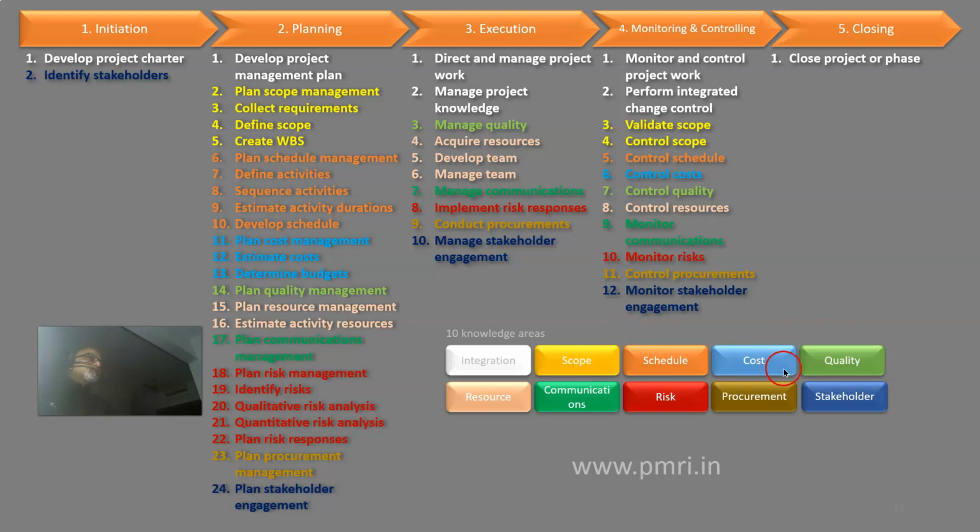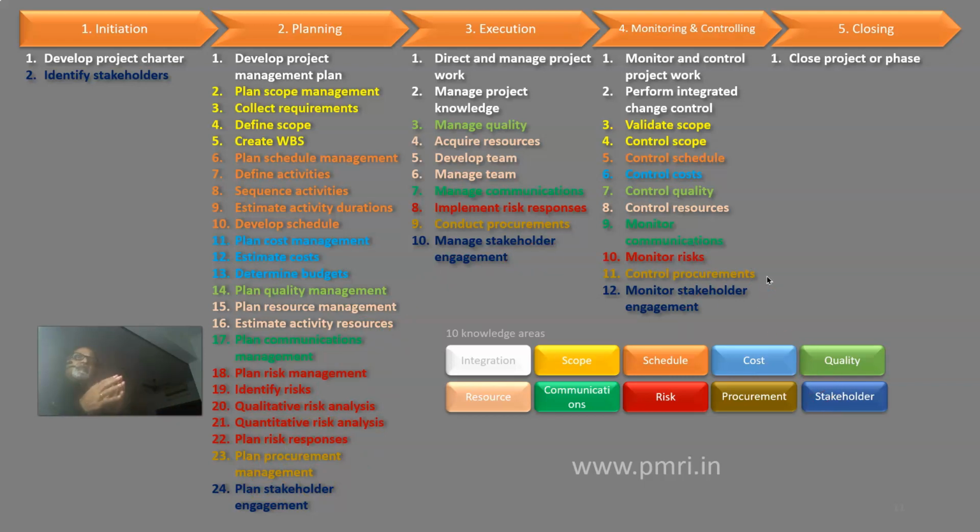This blue color is cost management, and green color is associated with quality, and the plan resource management and estimate activity resources is part of the resource management knowledge area. And this color, green color, is part of communications. Red color is part of risk management knowledge area, and this golden color stuff, this is part of procurements, and the blue color is part of stakeholder management.